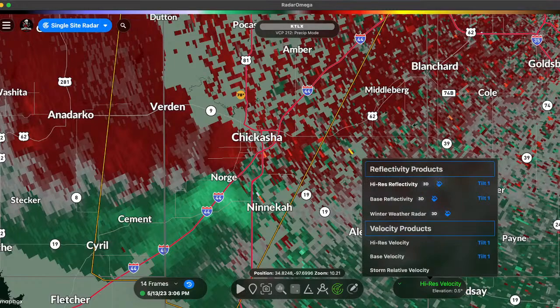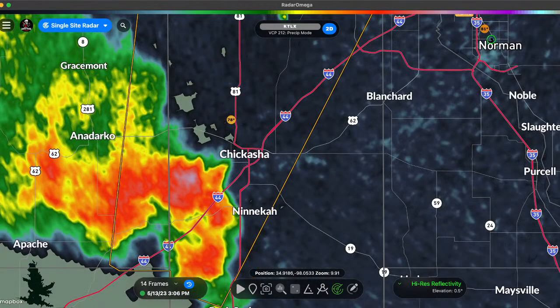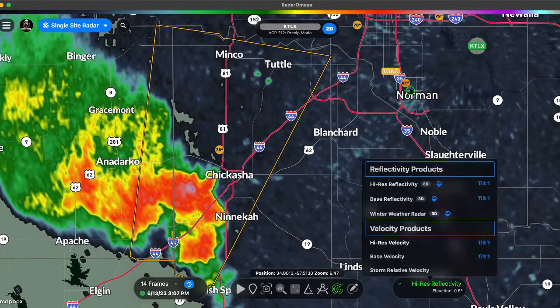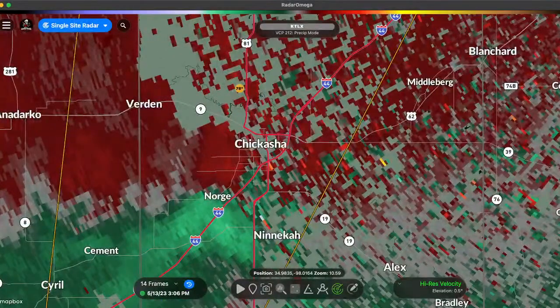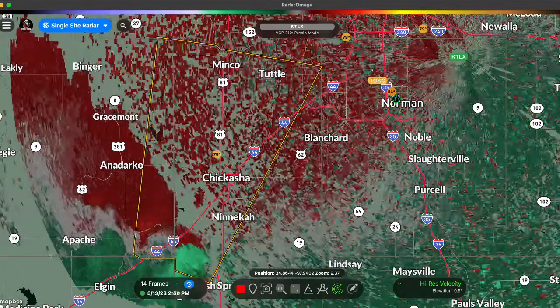Again, when you look at velocity, you're looking inside the storm, basically dissecting the storm. Imagine an MRI. You know how you can dissect things inside your body without cutting? That's basically what this is. And we're looking at rotation, and let's see what that looks like.